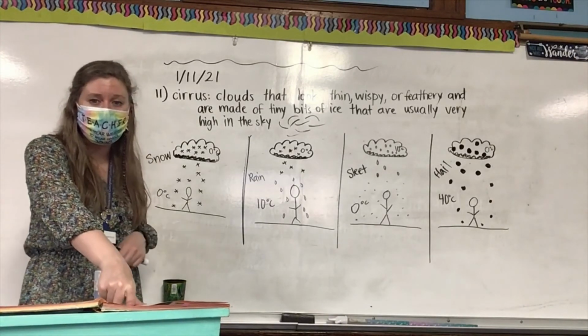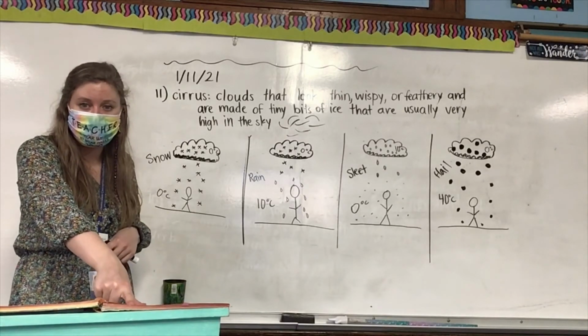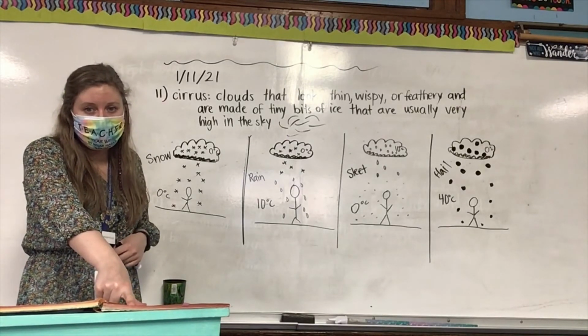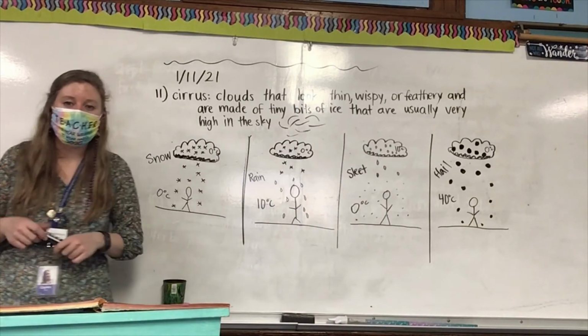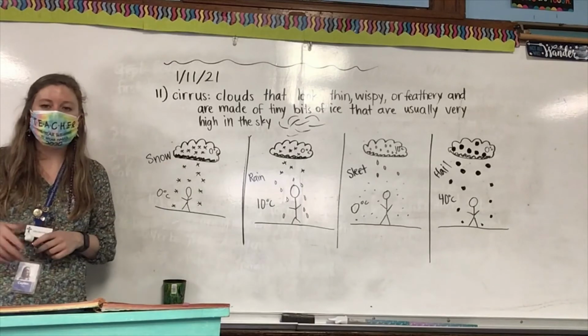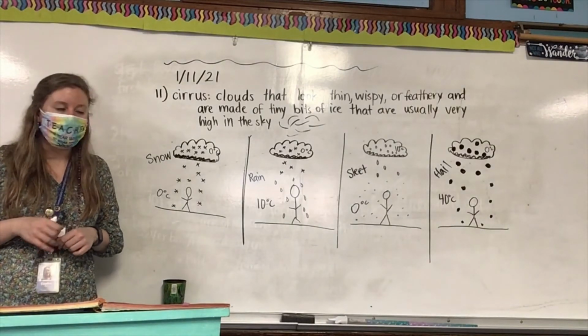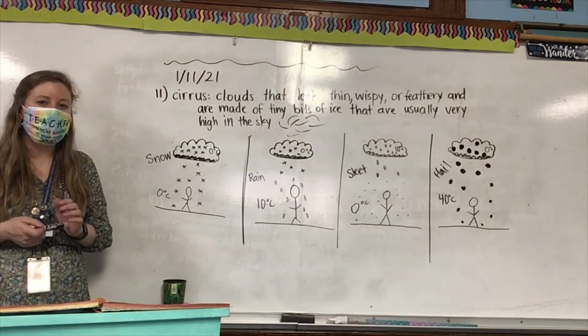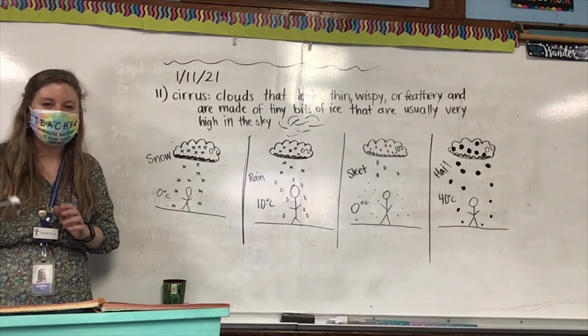Look at that paragraph, Zari. What does it say that sleet starts as? A liquid. So does sleet answer the question, what other form of precipitation starts as a solid in the clouds? No.